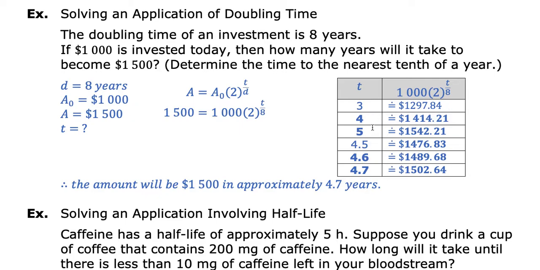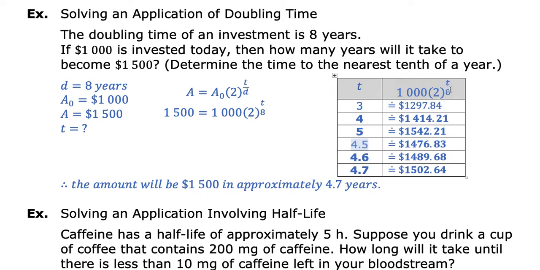So we find that the value for t years is between 4 and 5 years, because when we substitute into this equation, the solution is somewhere between approximately 1,400 and less than this value here. So we'll use the midpoint by adding the two endpoints together and dividing by 2. So the midpoint is 4.5.